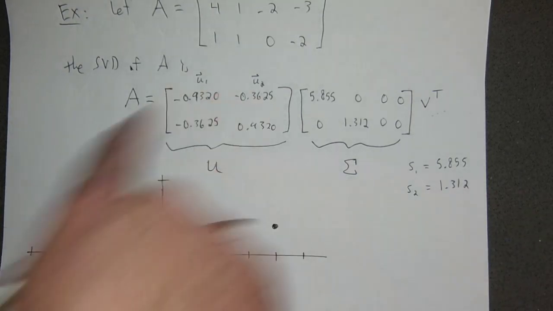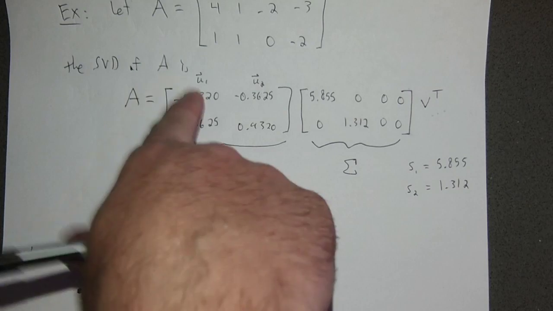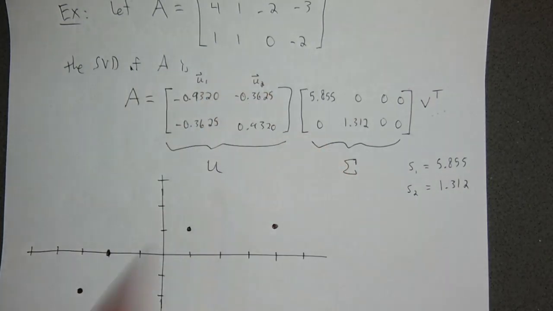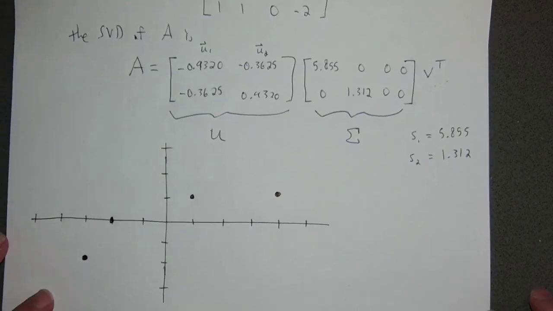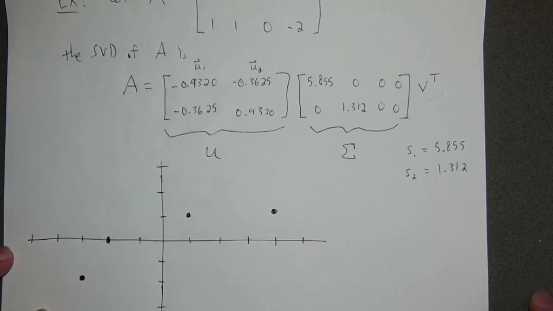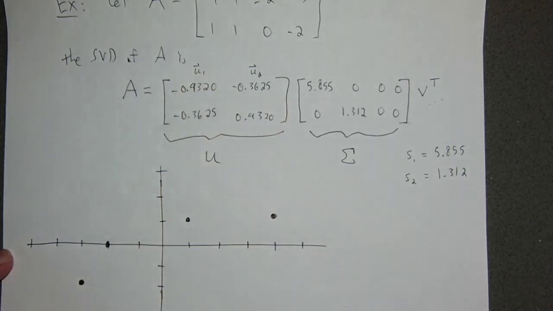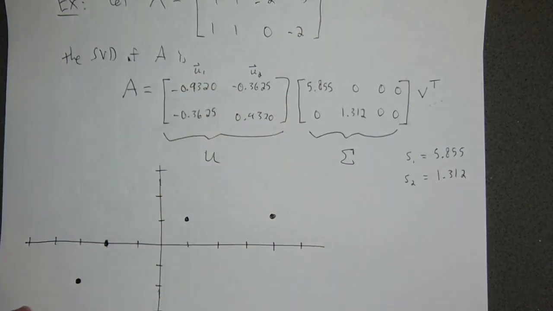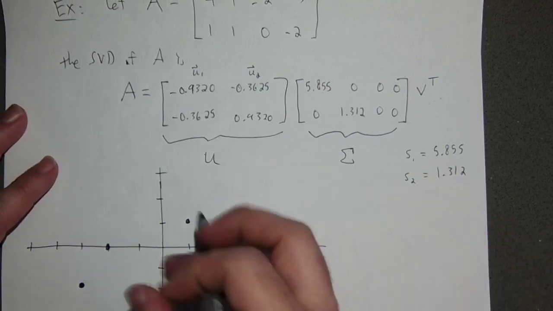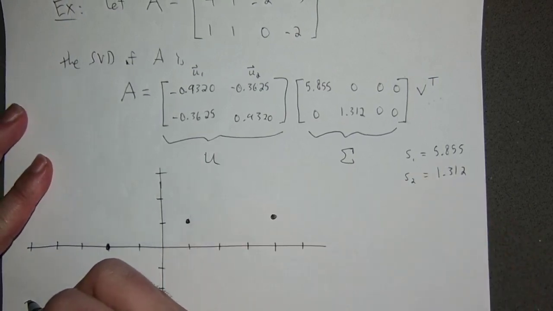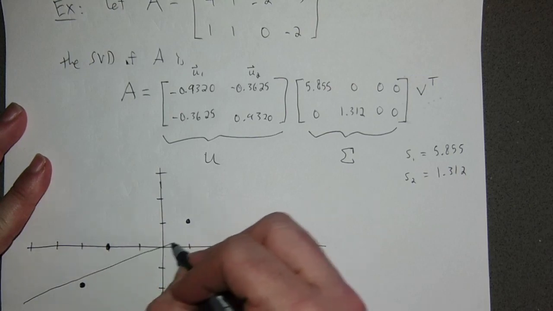Since here I have a single eigenvector, these eigenspaces are just lines determined by those eigenvectors. So I want to look at the line determined by U1 and U2. If I plot those out, what does the line determined by U1 look like?